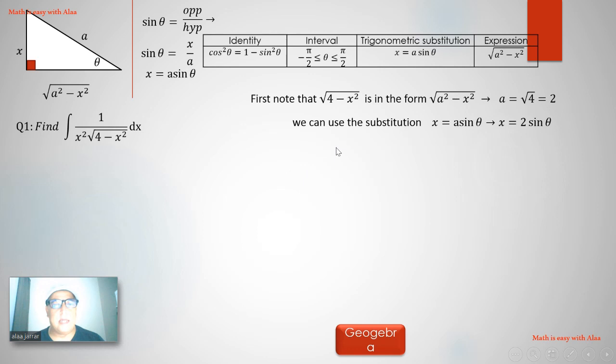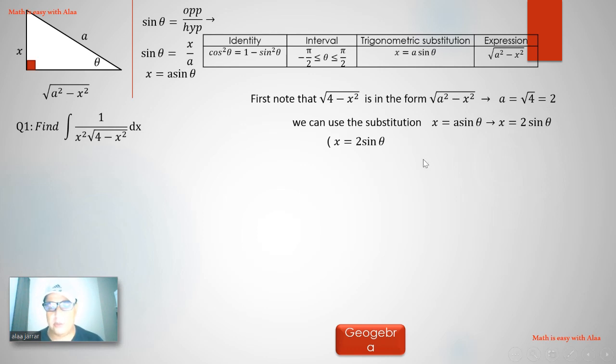We can use now the substitution x equal a sine theta, and x equal 2 sine theta because a equal 2. Now our strategy will be remove all reference of x to reference of theta.